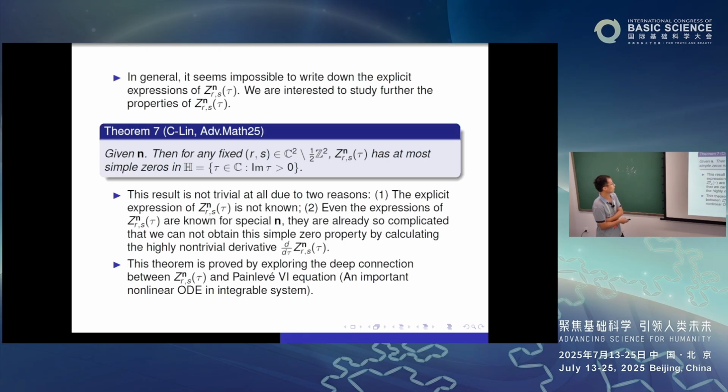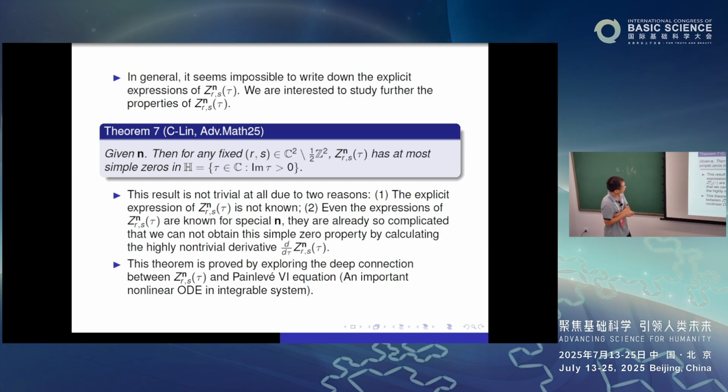In general, for the general case, you cannot expect to write down the expression of such a pre-modular form. But this pre-modular form is probably important when we apply it to study the curvature equation or the mean field equation. So we want to study some properties of this pre-modular form.